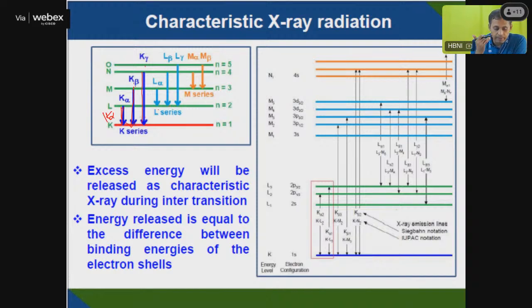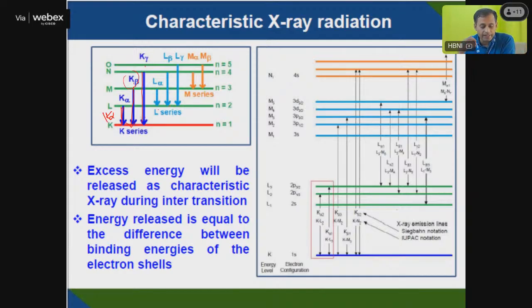These K alpha, K beta, K gamma are of different energy. For example, for copper, K alpha is 1.5465 and K beta is 1.54, so they are different. So all of K alpha, K beta, K gamma have different energies.